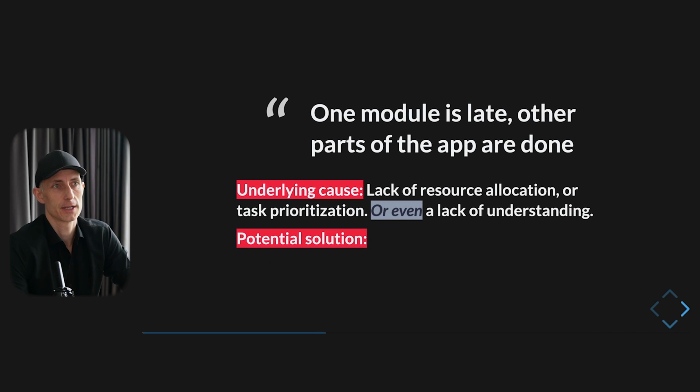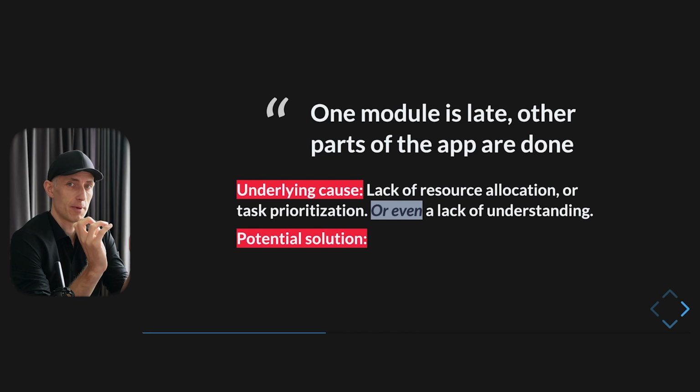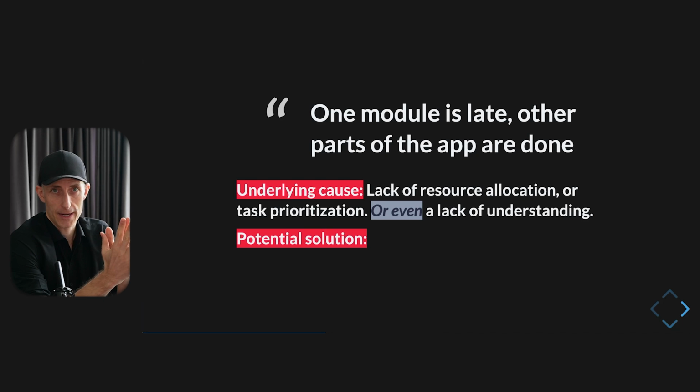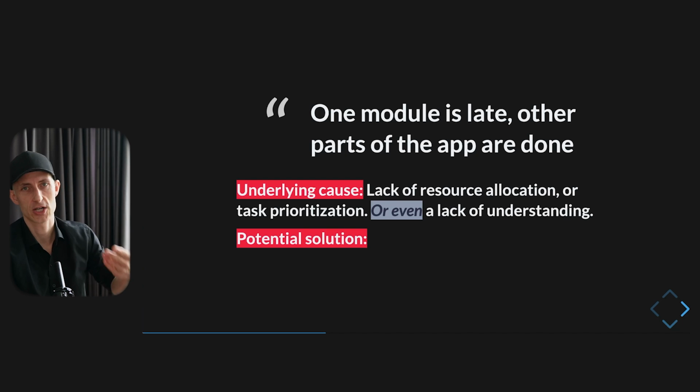The next symptom that I want to talk about is that sometimes there is a module that is late while other parts of the app are done. This is just a symptom of improper planning. And improper planning usually comes from the fact that people don't know exactly how this thing will be built in the future. So you start in an agile way, you don't know all the information, you haven't looked at all integrations.